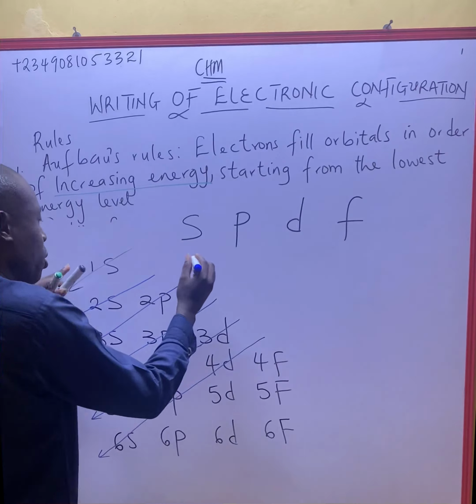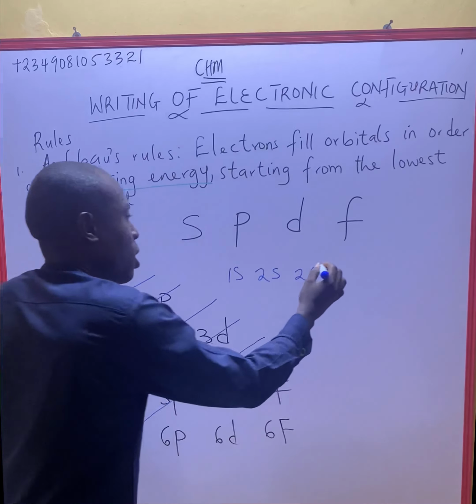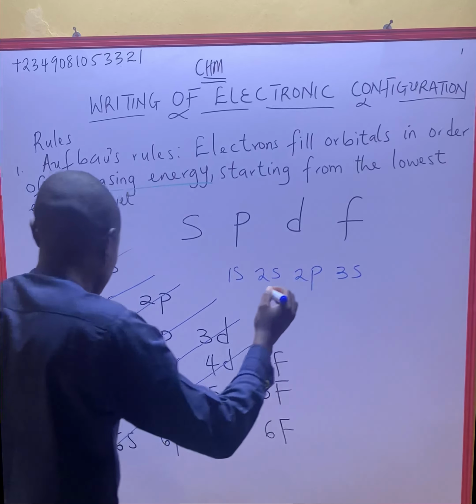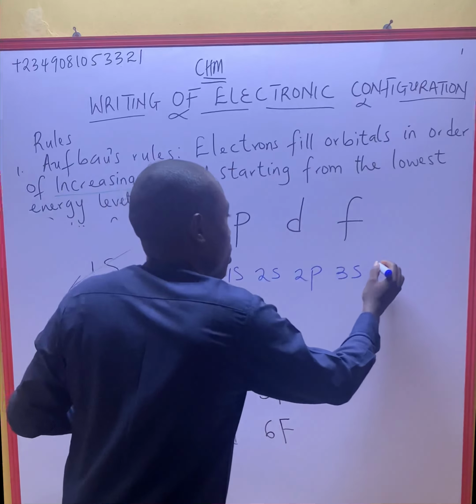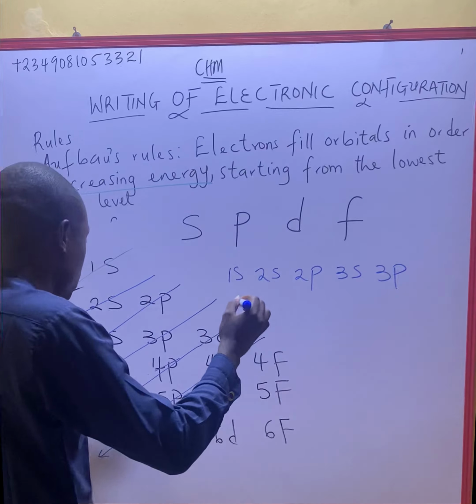Here becomes 1s, 2s, 2p, 3s, 3p, 4s, 3d, and so on and so forth as it moves.